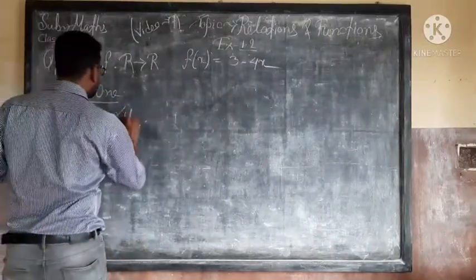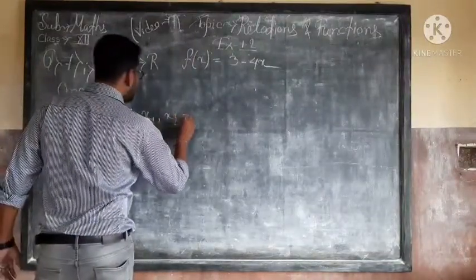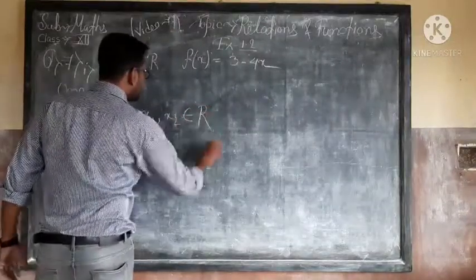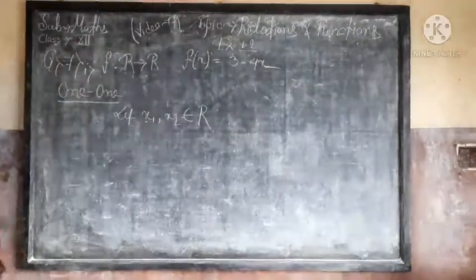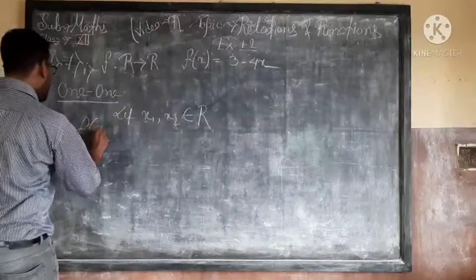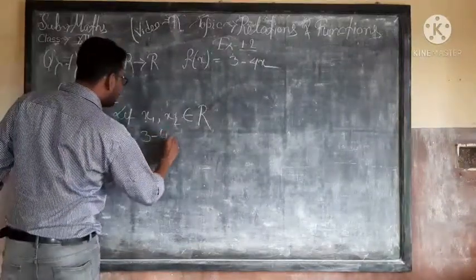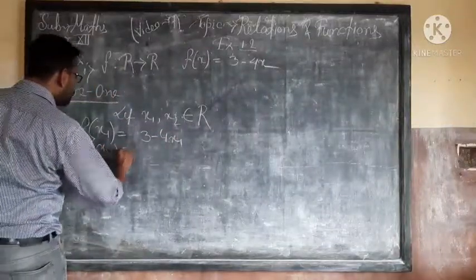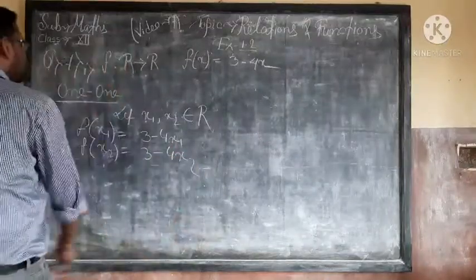Let x1, x2 belong to R, and this R is considered as the domain. If you put the values, f of x1 produces 3 minus 4 x1, and f of x2 produces 3 minus 4 x2.